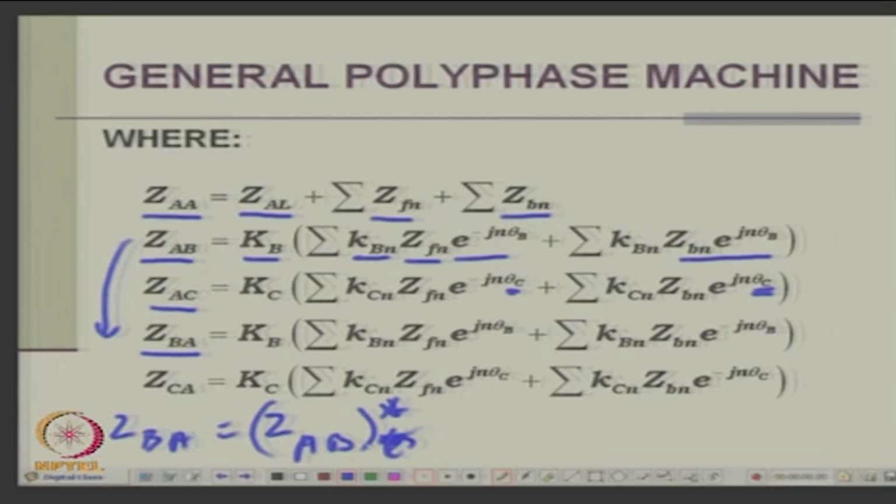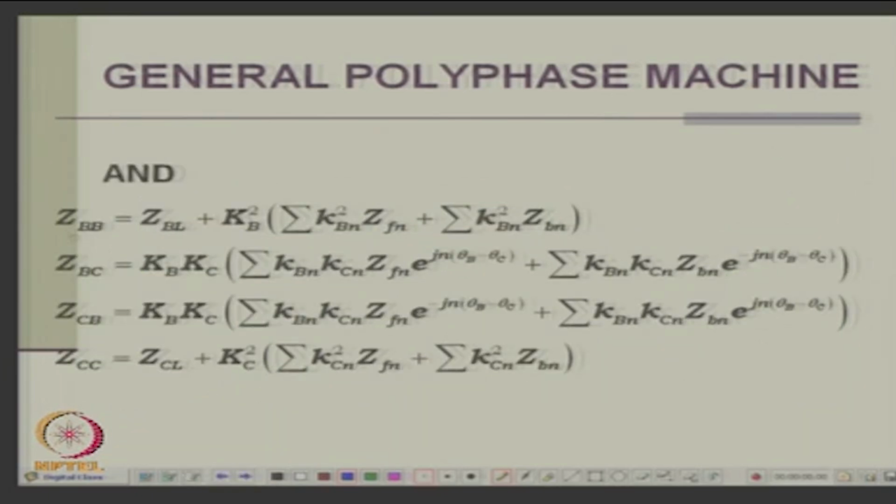So, it is obvious that ZBA will be ZAB conjugate, right. Conjugate will be J becomes minus J becomes J here, okay. I think this is very important. I want you to maybe do your own drawings and make sure that forward and backward fields are induced properly, okay.